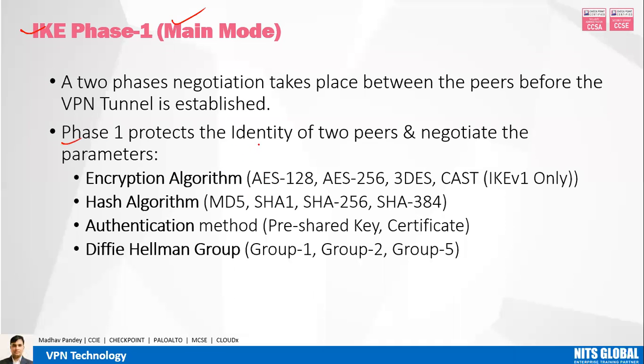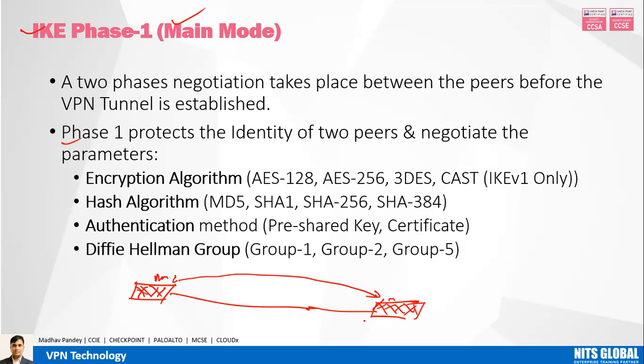Phase 1 protects the identity of the two peers and negotiates the parameters. The first responsibility is hiding the identity of this firewall, so that it does not get published over an unauthorized network. Then this firewall will send certain parameters here, and this firewall will send certain parameters here, so they are negotiating these parameters.